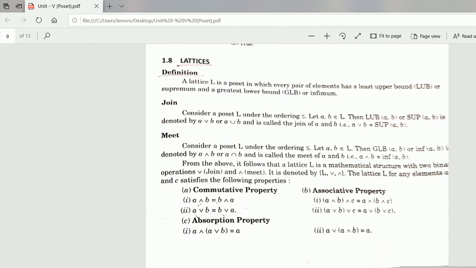From the above it follows that a lattice L is a mathematical structure with two binary operations, join and meet. It is denoted by L, with join and meet.